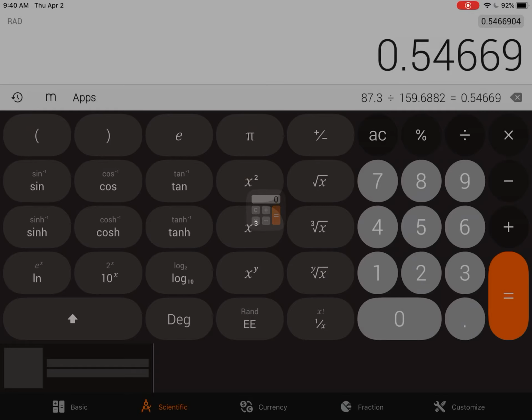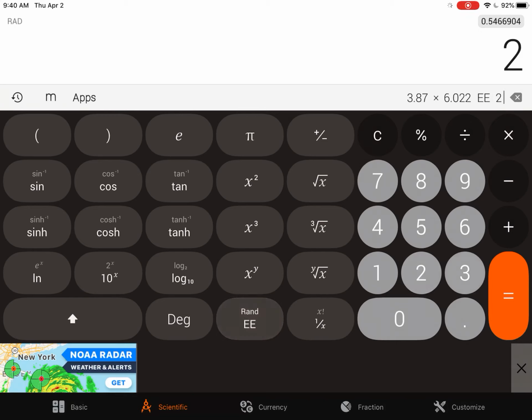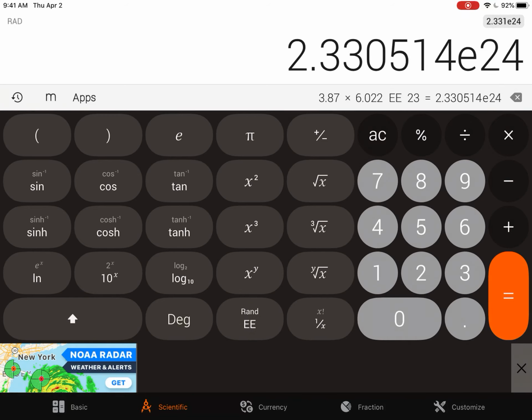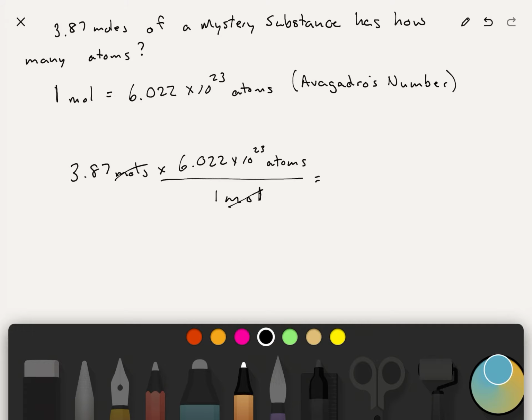And we will get 2.3305 times 10 to the 24th atoms of our mystery substance.